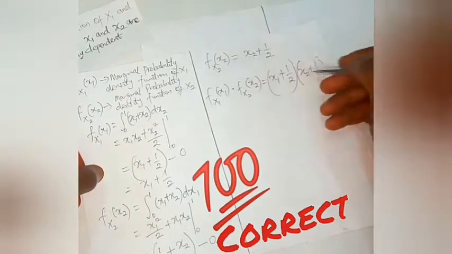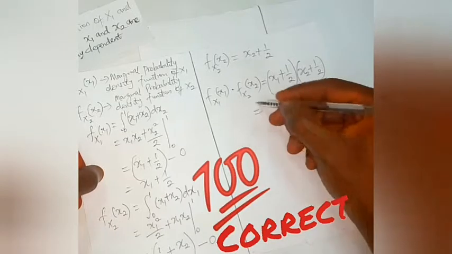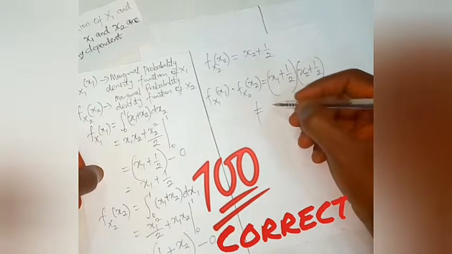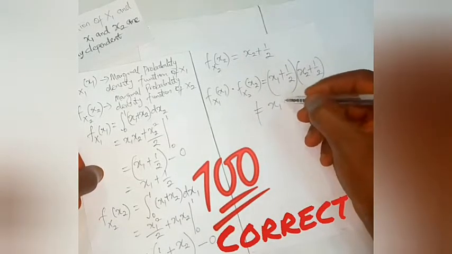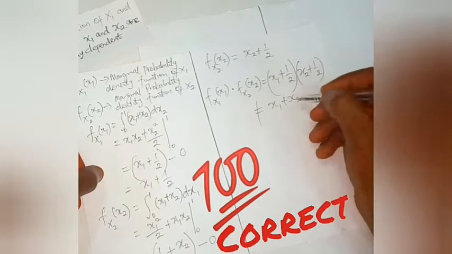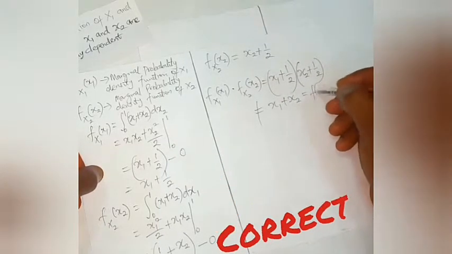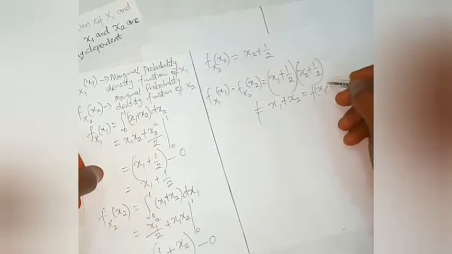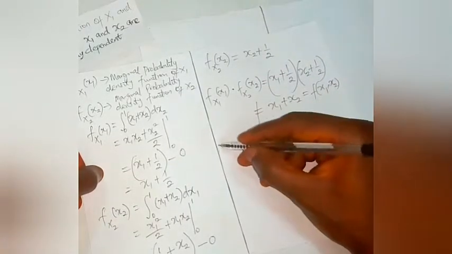If you find the product of these two, it is not equal to x1 plus x2, and this x1 plus x2 is the same thing as f of x1 x2.